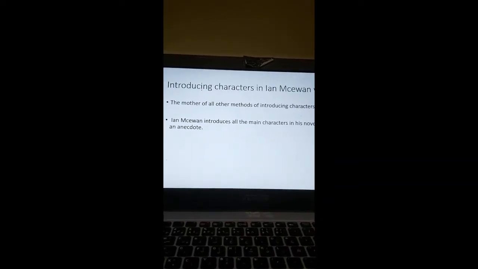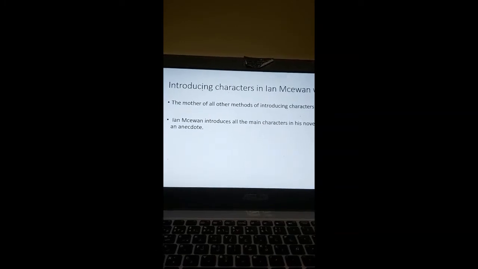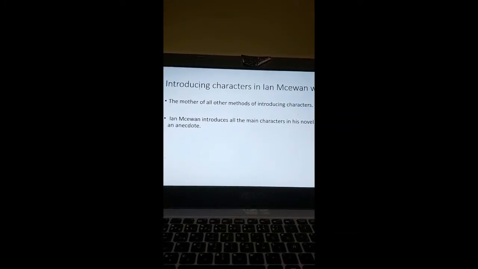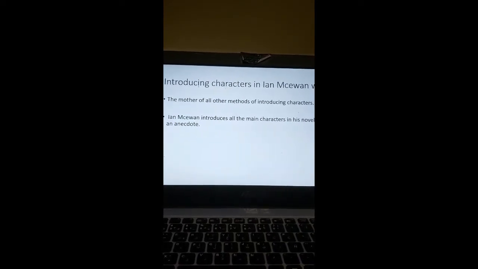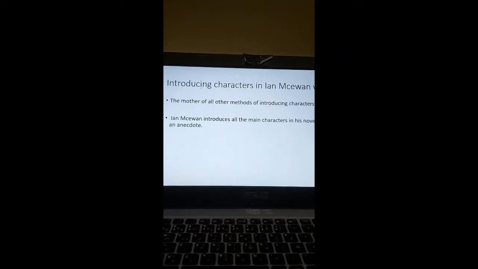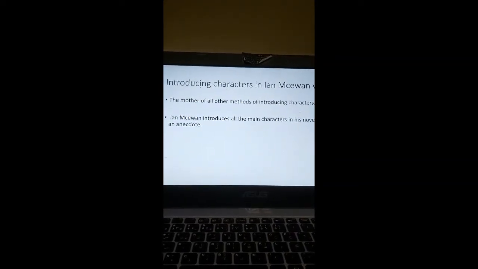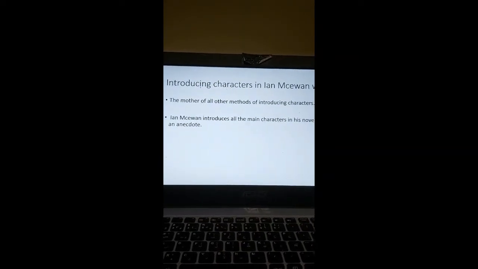And finally, we have Ian McEwan's way, the mother of all other methods of introducing characters. Ian McEwan, in this novel, Enduring Love, introduced all the main characters through an anecdote in the first chapter.